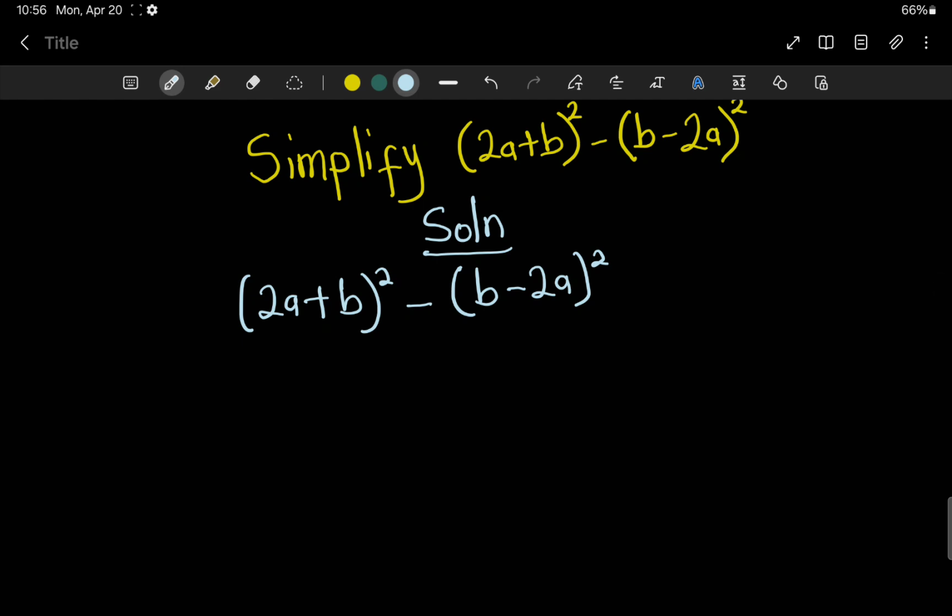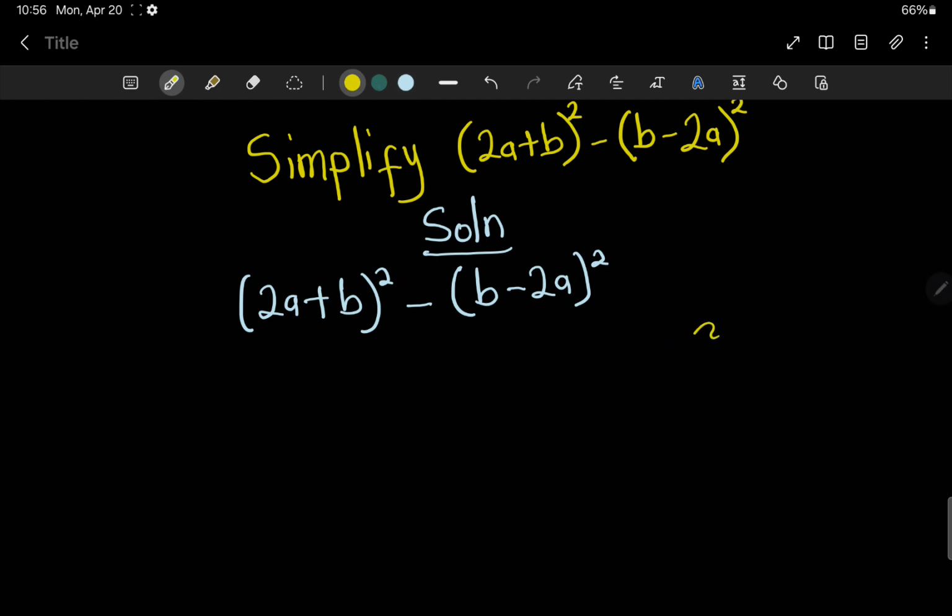So what you do is look at this and it should remind you of a rule, a mathematic term which we know as what? Difference of two squares, right? So let me show you what I mean.